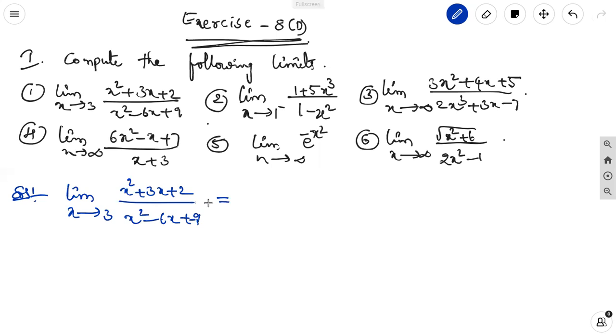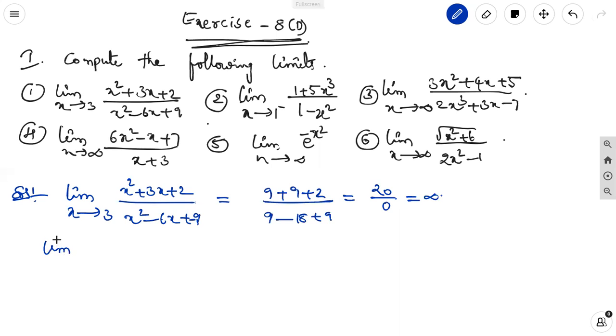When we substitute x equal to 3, it is 3 square, 9, plus 3 3s are 9, plus 2, by 3 3s are 9 minus 6 3s are 18 plus 9. It goes to 20 by 0, it goes to infinity. So here it is infinity.